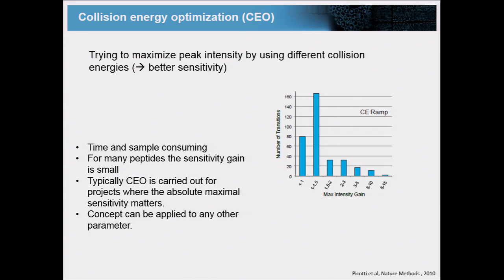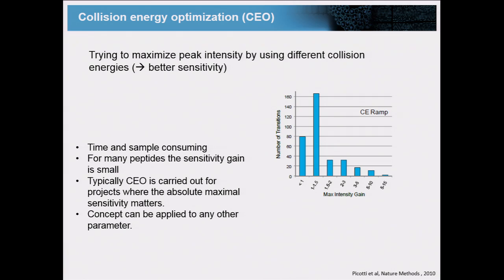The process needs to be done per transition or per peptide, and so it's very time and sample consuming. Quite often, if we do it, we do it with synthetic peptides, of which we have a lot. For many peptides, the sensitivity gain is not very large. I give you here a plot from a paper by Paola Picotti that was published in 2010, where she plotted the gain in intensity for the different transitions for which she tried collision energy optimization.